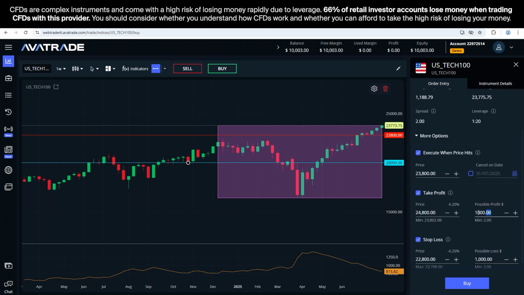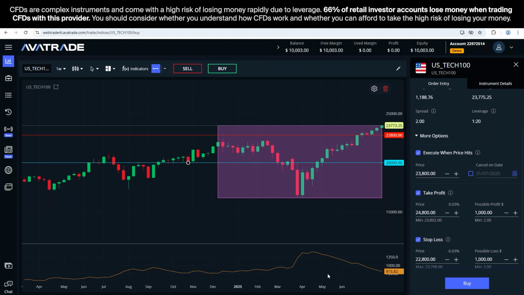So if we are with one, we notice that for every dollar Nasdaq moves for us, we can make $1, and for every dollar that it moves against us, we can lose $1. So if it moves 1,000, we can make or lose 1,000. If it moves 2,000, we can make 2,000.